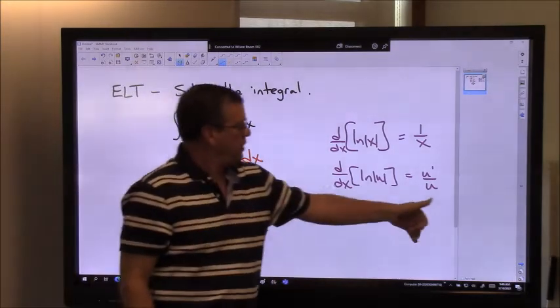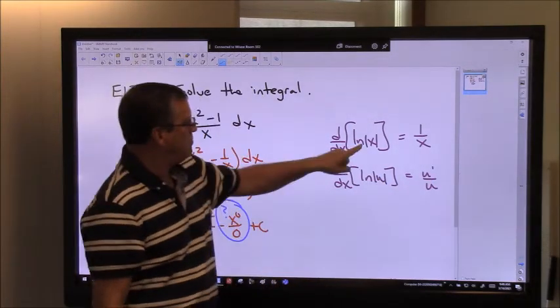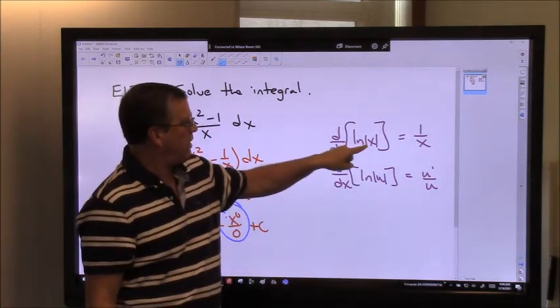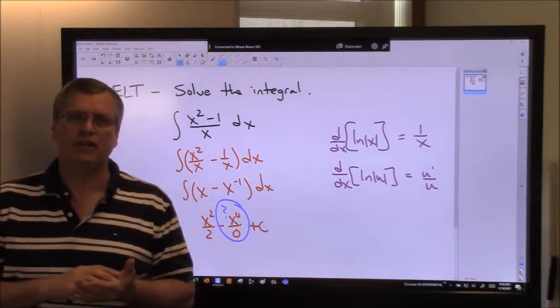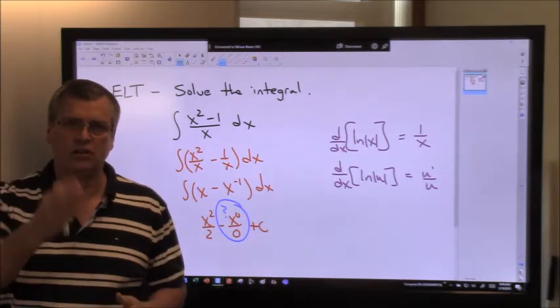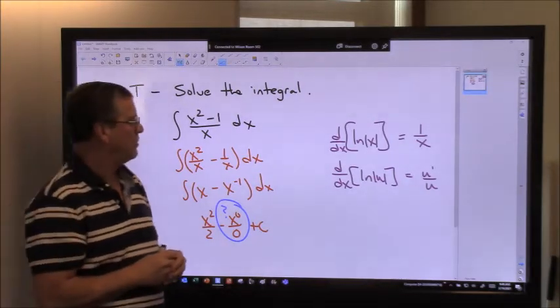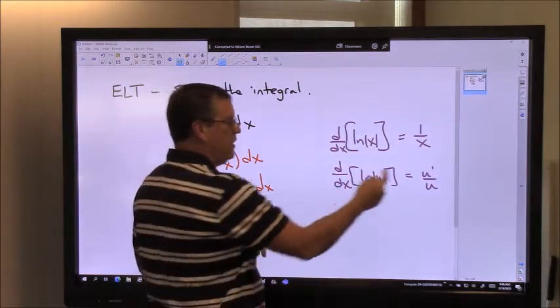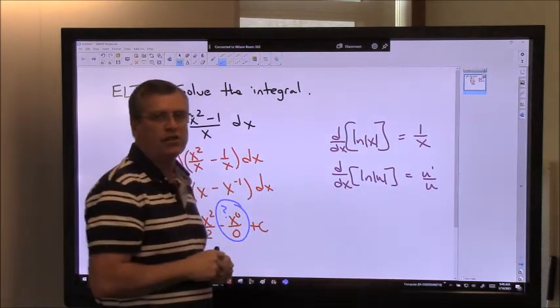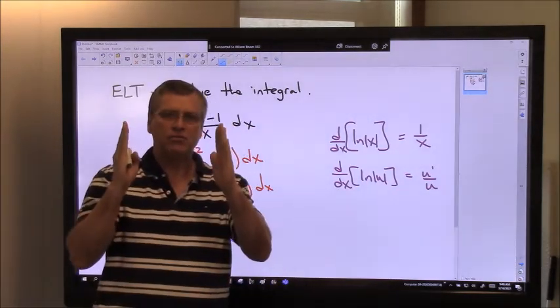Well, when you go the other direction, you have to make sure that what you get here is positive, because you can't take the natural log of a negative number. You get an error message. You can try it on your calculator and see. Okay? So we have to make sure we get something positive. So when we do an integral and go the other direction, we have to put those absolute value signs in there.